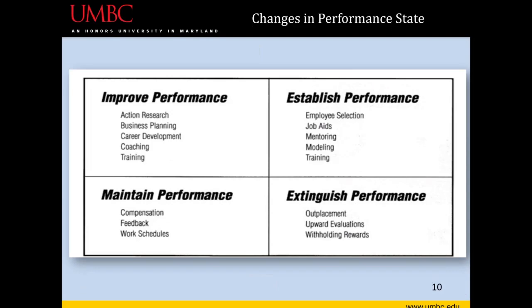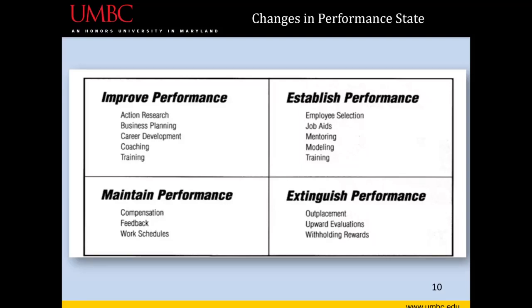Now, shown in the slide is a simple chart that matches some of the various interventions that can be used to influence the different changes in performance. For example, if you want to improve performance, then you may consider coaching or training. If you want to establish performance, then some good selections may be job aids or again training.